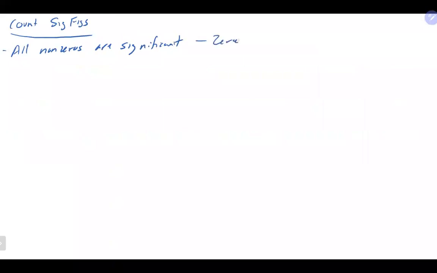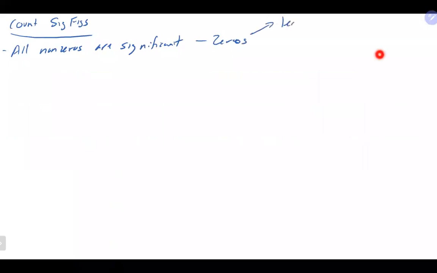Remember that we do count significant figures, right? And all non-zeros are significant. When we come to zeros, there are a few different types of zeros.